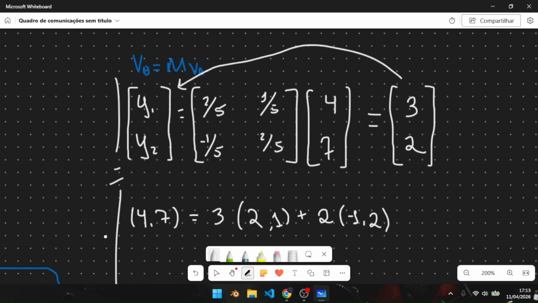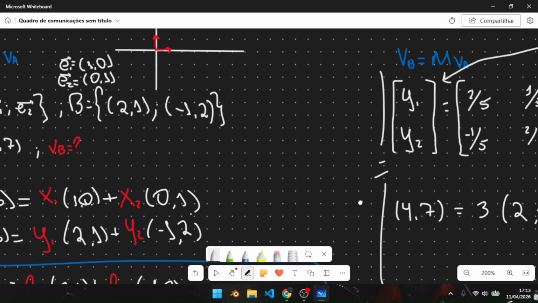I didn't fully understand this proof here, but you can take the vector in A and you can express it through a linear combination of the vectors in B. That's exactly what we were doing a little bit before.